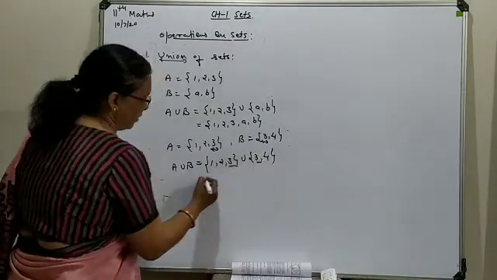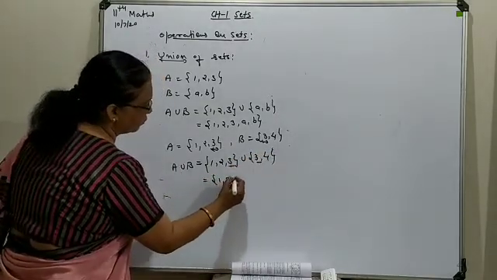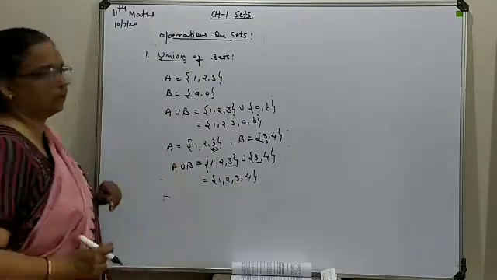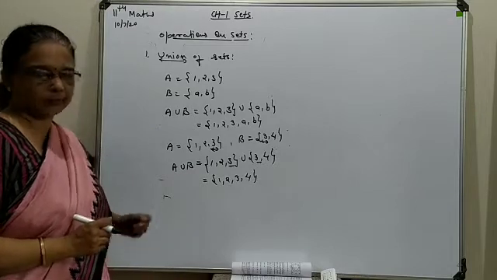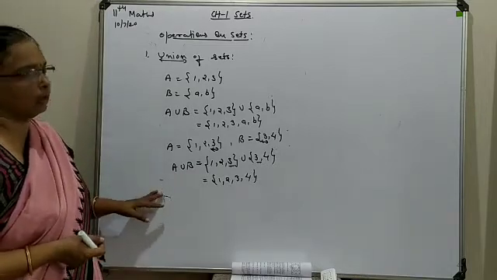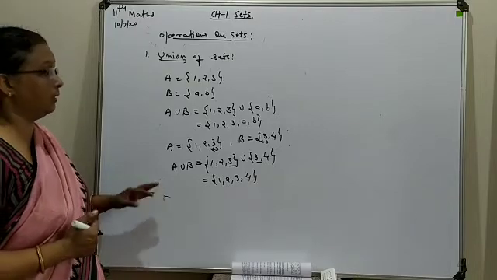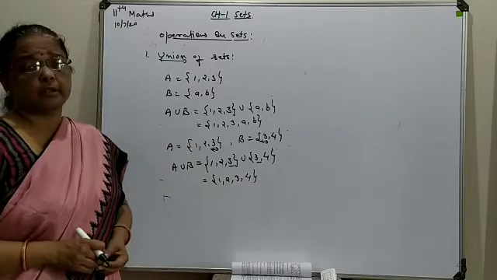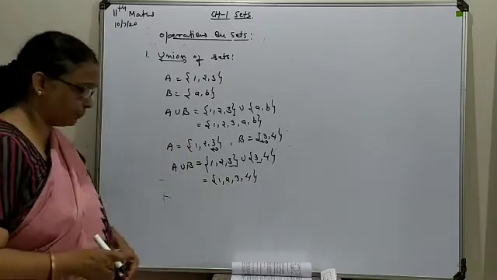Repeating element written once only means 1, 2, 3 and 4. So this is another combination you will have. This way you write a union of two sets, and the same thing can be implemented if you write a union of three sets.